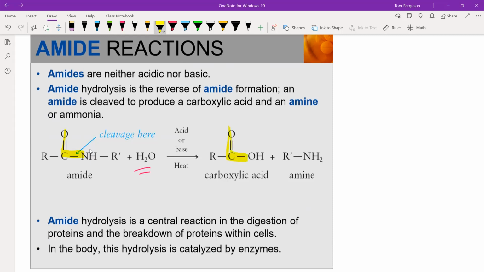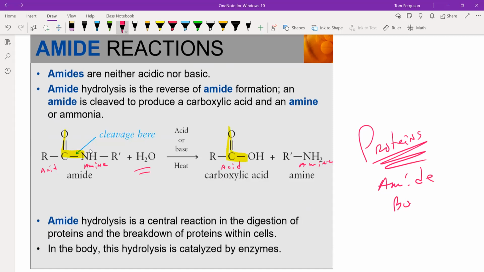We end up going to the acid side, the amine side, acid, amine. As I said before, proteins are amide bonds.